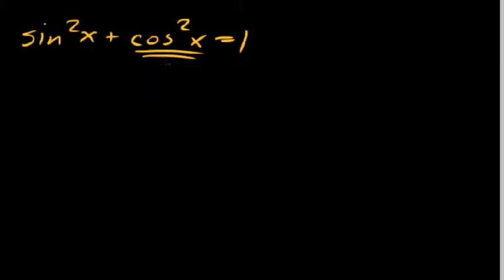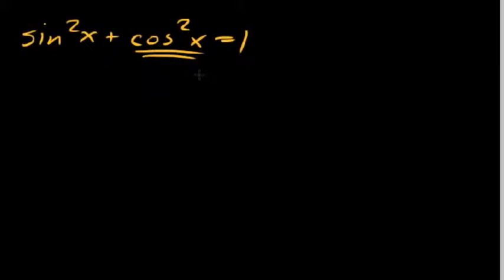The primary trig Pythagorean identity that you see quite often is sine squared plus cosine squared is equal to 1. That's actually the one we're going to borrow here, but we'd like to substitute in for cosine squared of x this time. So I'd like to substitute in for this, which means we're going to have to isolate it in our trig identity.